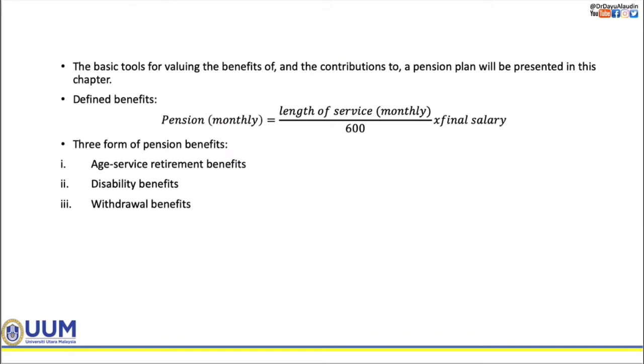So the basic tools for valuing the benefits. We have two kinds of pension plan. First is defined benefits. In our country, we call it government pension for government servants.